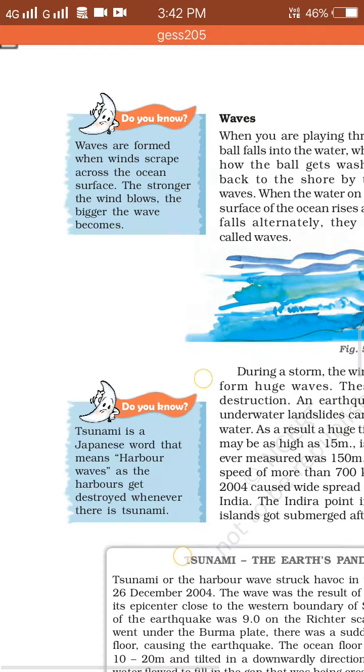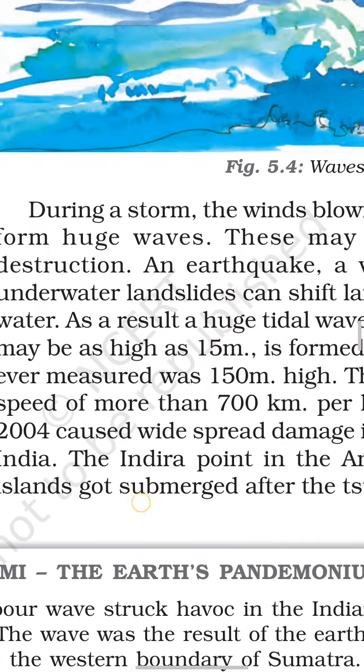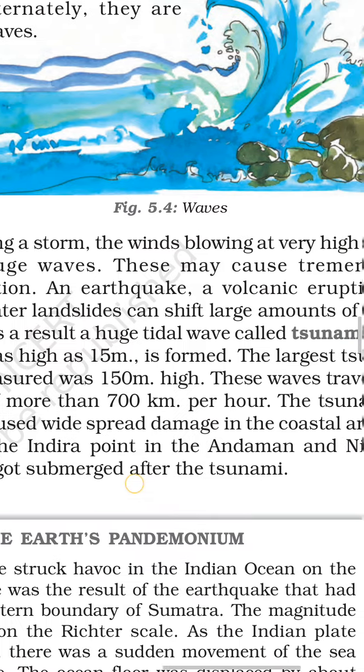Tsunami is a Japanese word that means harbor waves. It is called so because harbors get destroyed due to these tsunamis. A tsunami may be as high as 15 meters.